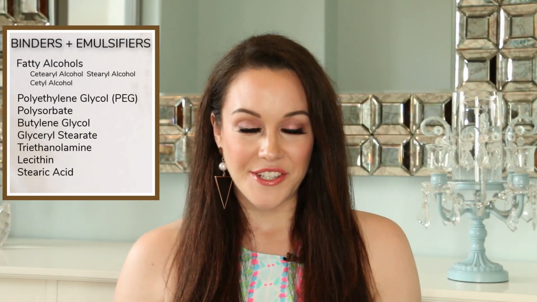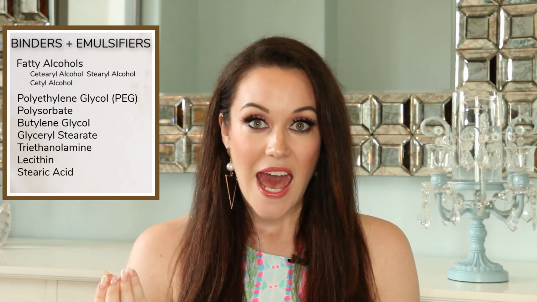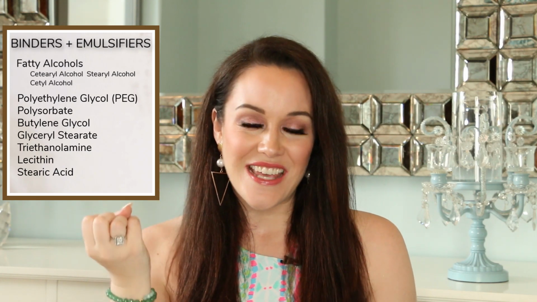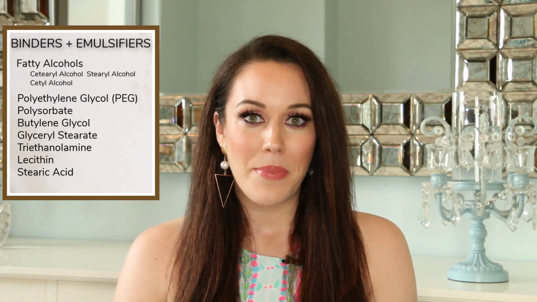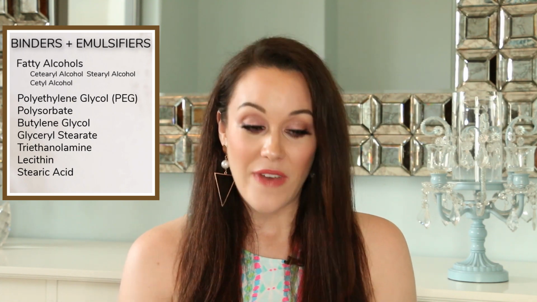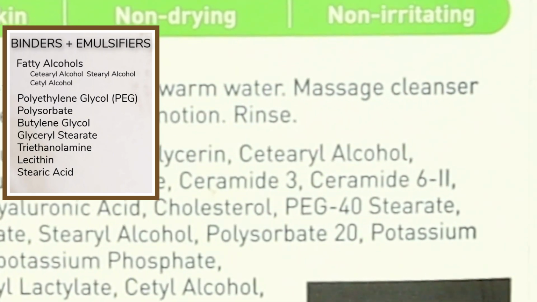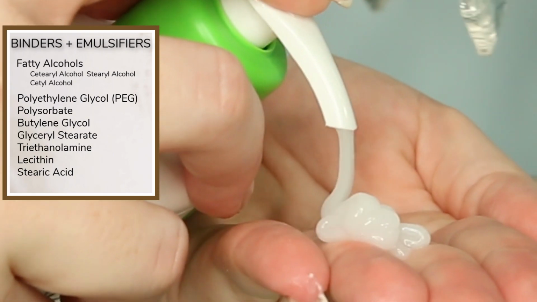Now we have binders and emulsifiers, and these help to keep formulas intact, stable, and to keep the oil and the water portions of the formula together so they don't separate. Common binders and emulsifiers include fatty alcohols, including cetearyl alcohol, cetyl alcohol, and stearyl alcohol, and these are also emollients.